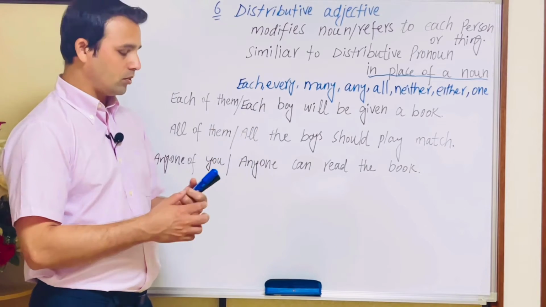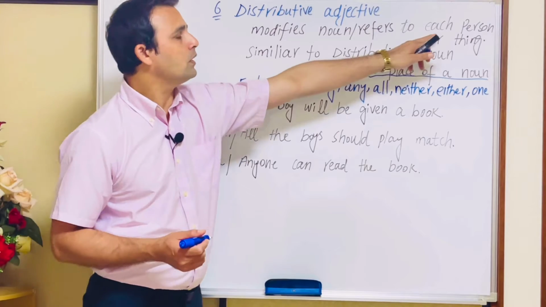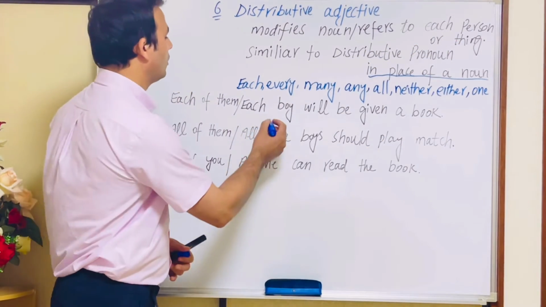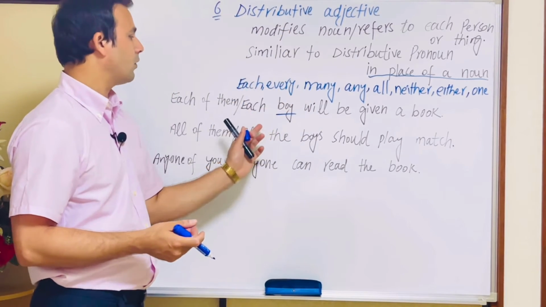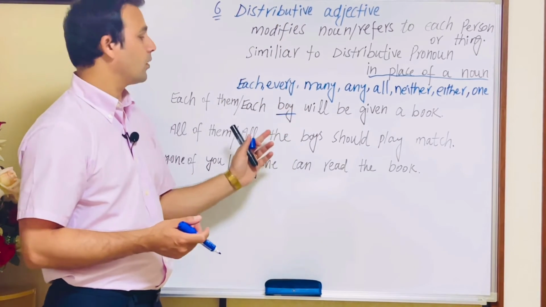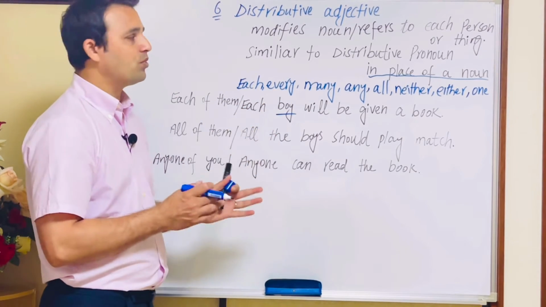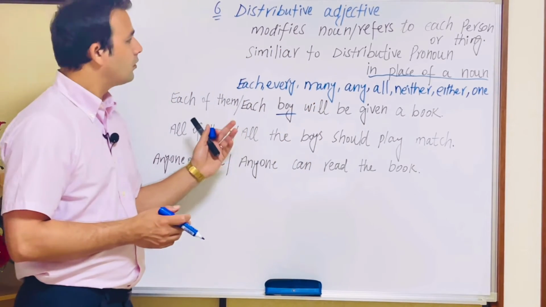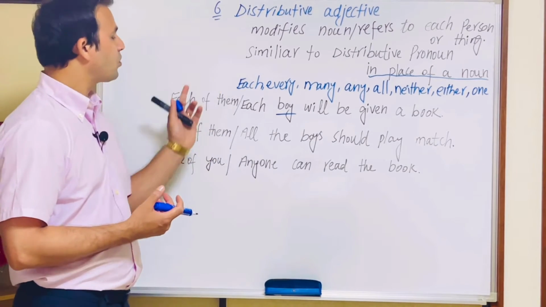As I already told you, distributive adjectives will refer to each person or a thing. This is the example of a distributive adjective. Each boy. The boy is a person. So a distributive adjective will refer to each person. But when you're talking about distributive pronouns, they will be used in place of a noun, like each of them.